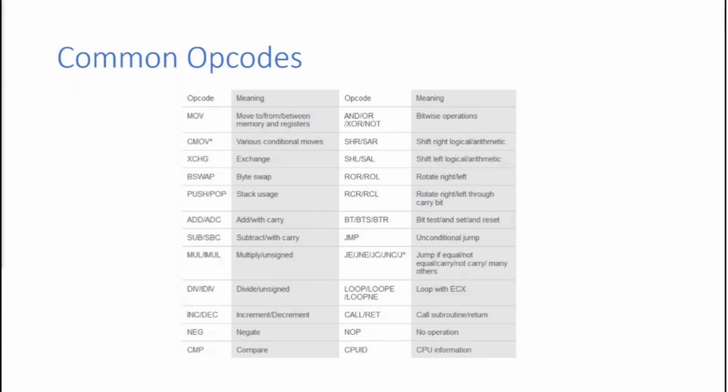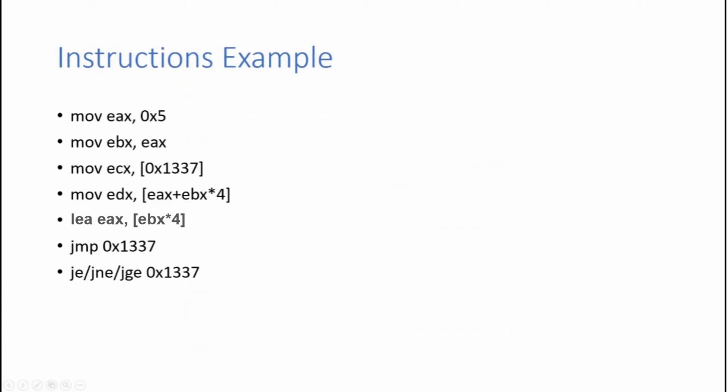We have the compare instruction to compare two values. Then there are bitwise operations like AND, OR, XOR or NOT, and we can also shift the bits using logical shift or arithmetic shift. To understand these instructions better, let's have a look at some examples.